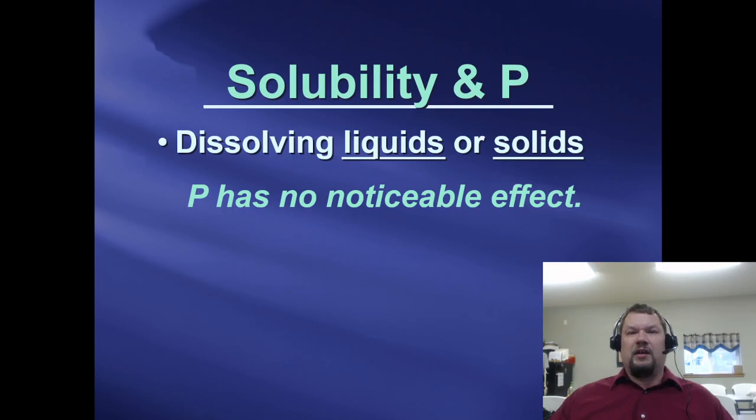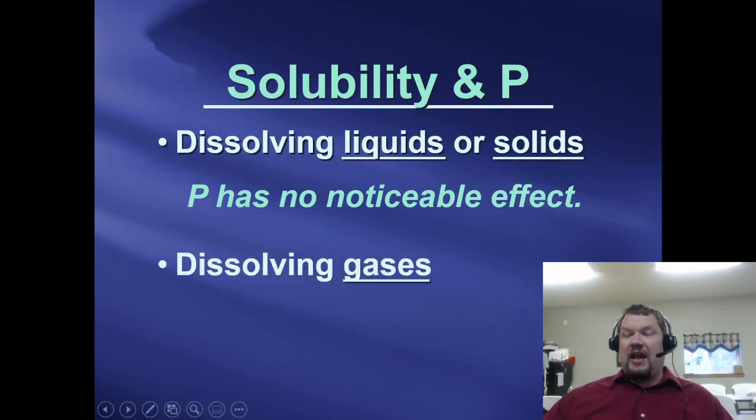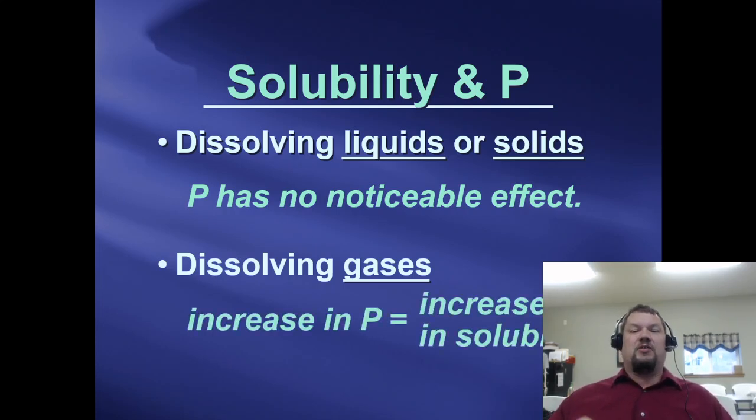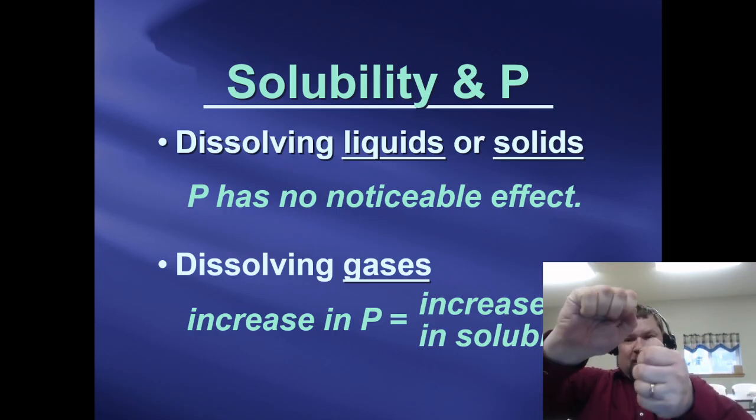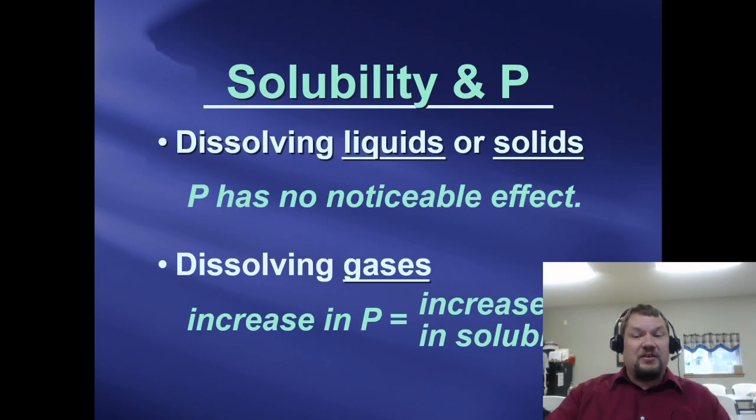If I'm dissolving alcohol in water, the same thing is true. I'm not getting any more effect from it in this case. However, with gases again is the weirdness that goes along with this. If I increase the pressure, I increase the solubility. This is the reason why when you take your can of Coke and you shake it up and you pop the cap on it, you've decreased the pressure real fast.